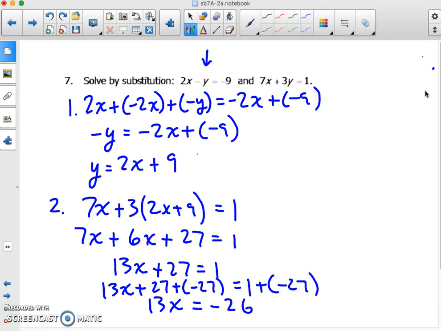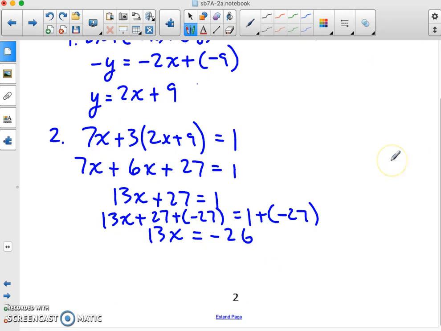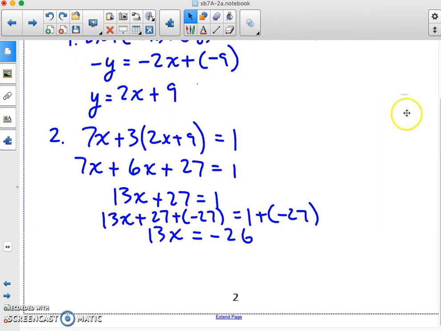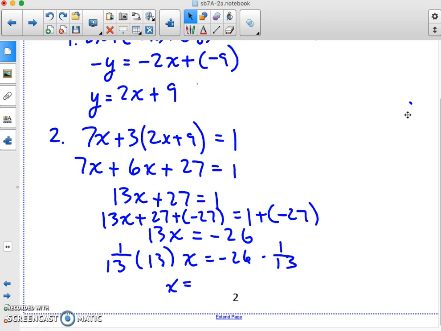Now I need more room here. There we go. Okay. All right, so from here, multiply both sides by 1/13.